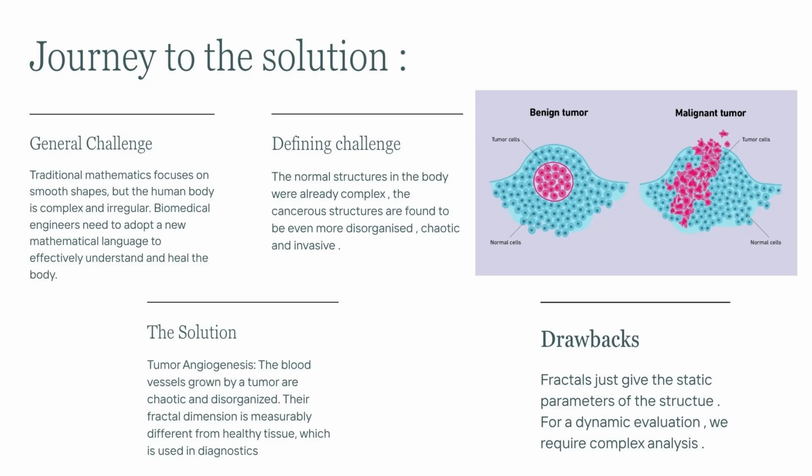Traditional mathematics often describes the world using smooth, predictable shapes. But the human body isn't like that. It's complex, irregular, and filled with intricate patterns from the branching of our blood vessels to the firing of neurons in our brain. On top of that, cancer growth is even more complicated.